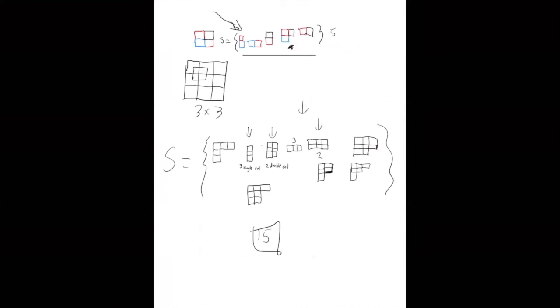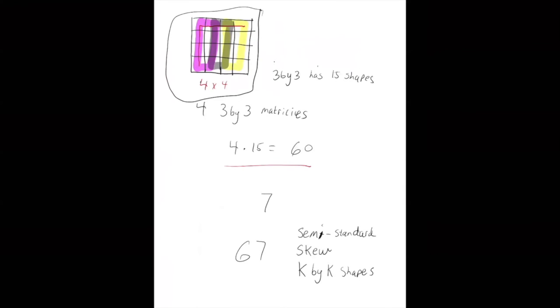In here, our 3 by 3, we have not counted any 2 by 2 shapes. And in here, we have not counted any 3 by 3 shapes. And moving forward, we will not count any 4 by 4 shapes.